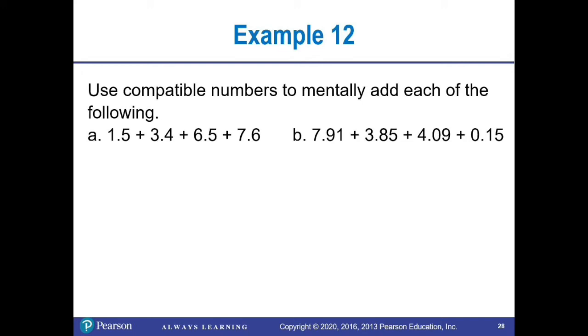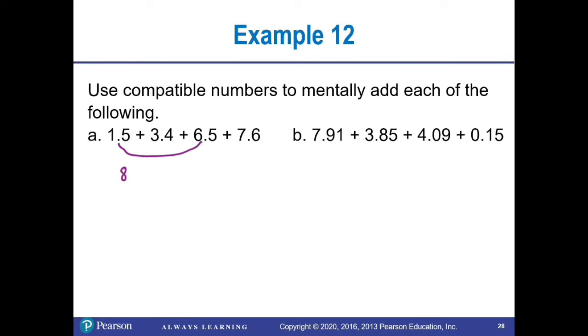So if I think about 1.5 and 6.5, those are compatible numbers because the decimal places, 0.5 plus 0.5, that is one whole. So I have one whole from the decimal places, and 6 plus 1 is 7, plus that whole would give me 8.